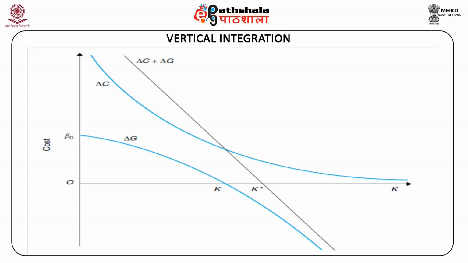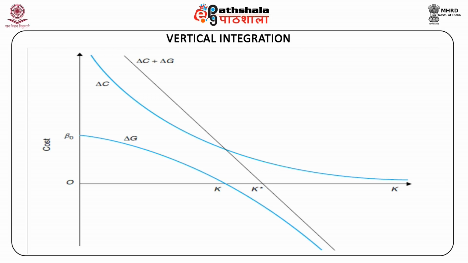Delta G reflects the difference in agency efficiency. It measures the difference in transaction cost when the item is produced internally, GI, and when it is produced by an outside supplier, GM, in an arm's length transaction.